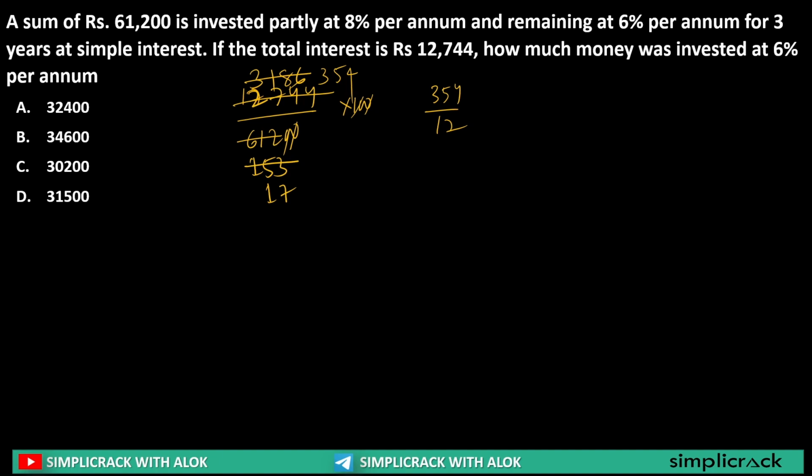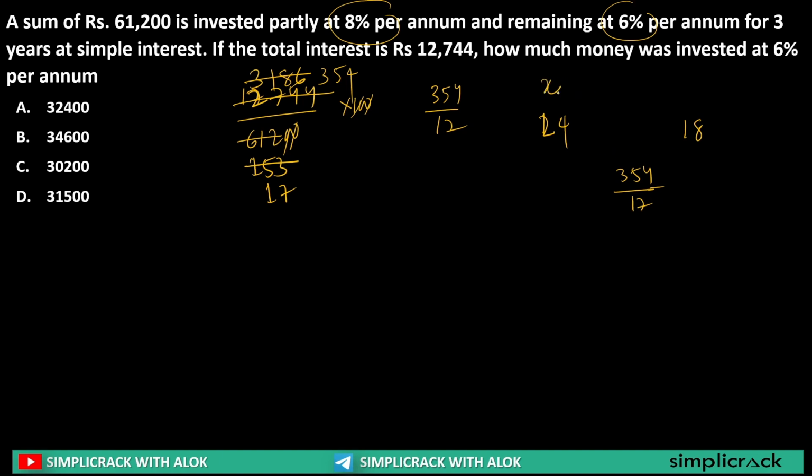Now this is the interest rate in 3 years. Now what it is saying is 8% per annum and 6% per annum for 3 years. So the total interest: 8% is 24, 6% is 18, and 354 by 17 is equal to what has been divided in this form.